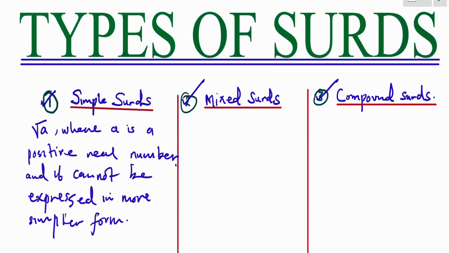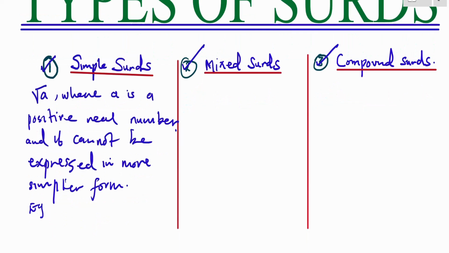We can have examples, e.g., simple surds like the square root of 2, the square root of 3, the square root of 5, the square root of 7, and so on.